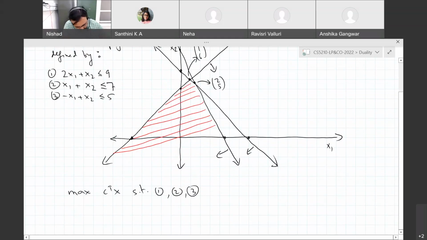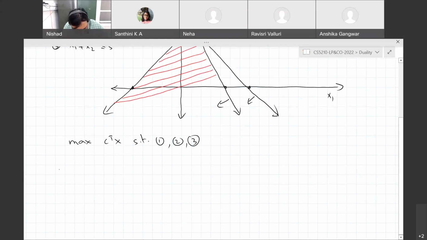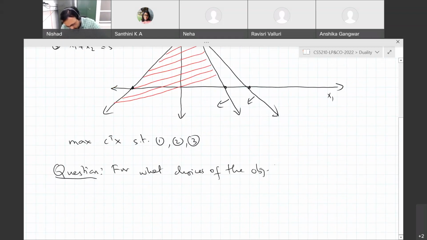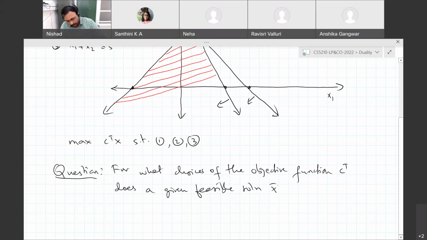So my question is, for what choices of the objective function C, or C transpose if you like, does the given feasible solution become an optimal solution?